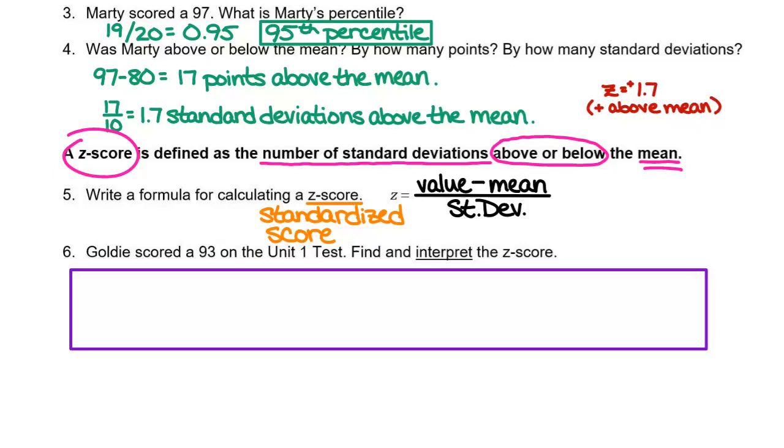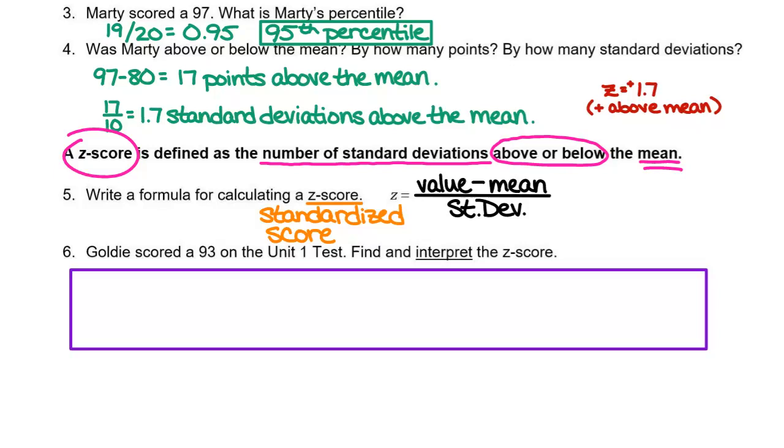The other class might have had a test out of 50 points, and in his stats class it was out of 100 points. So if you just compare how many points above or below the mean he is, that's not going to tell you much. Because if it's out of 100 points in one class and out of 50 points in the other class, he could get the same percent, the same grade, but be very different in the number of points he missed.